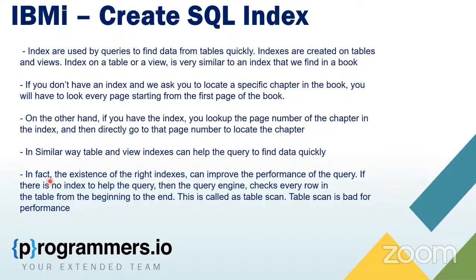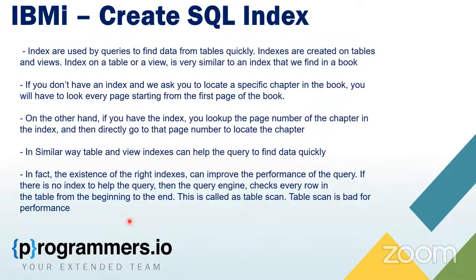In fact, the existence of the right index can improve the performance of the query. If there is no index to help the query, then the query engine checks every row in the table from the beginning to the end. This is a table scan. Table scan is bad for performance.